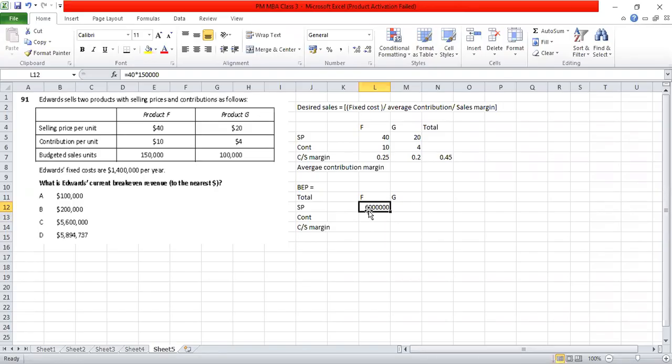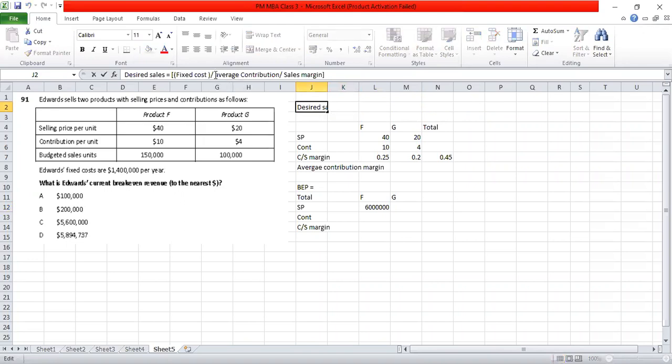In the formula, you've written average contribution that we found out. What is sales margin in this? Divided by sales margin. Contribution by sales margin, that is. This is the entire one. This part is one thing, average contribution margin. Average contribution by sales margin. So this entire thing is one part of it. This entire thing is the denominator.